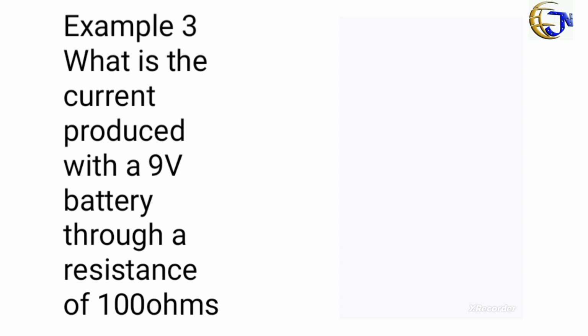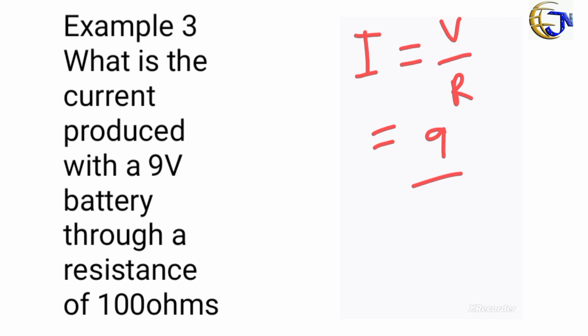So the current we are looking for, I, is equal to V over R. V is 9, R is 100. So our final answer is 0.09 amperes. Please always remember the units.